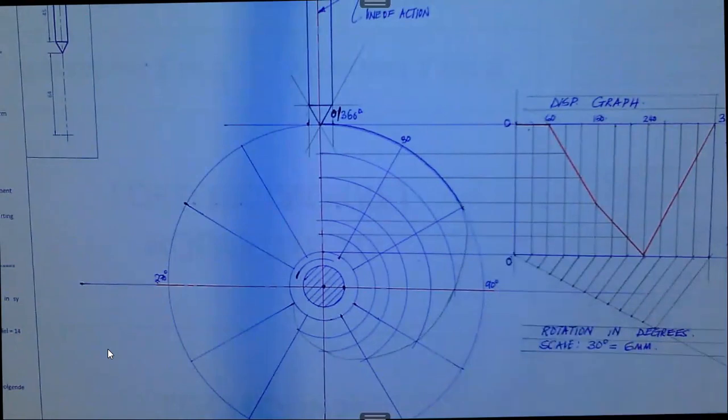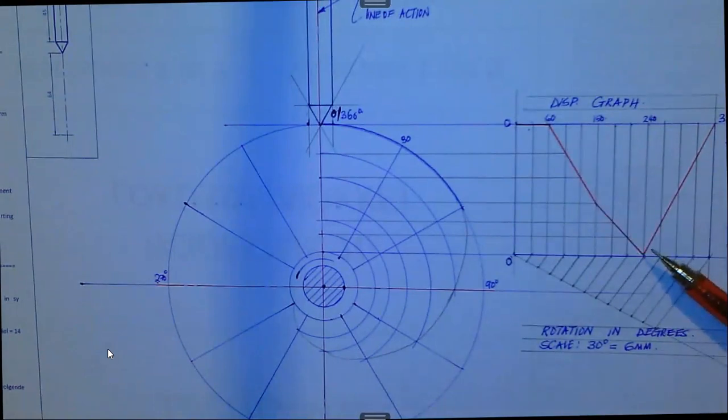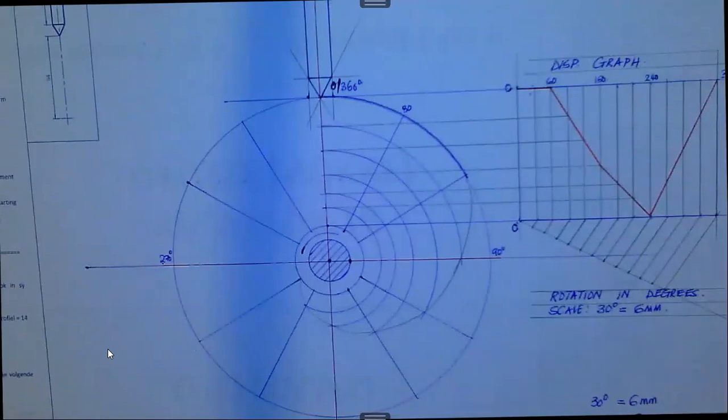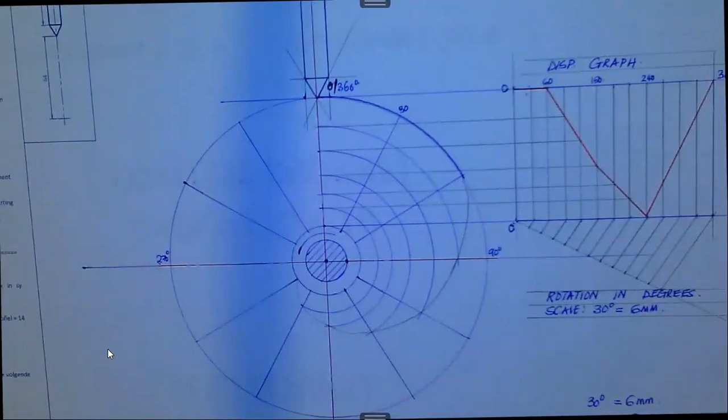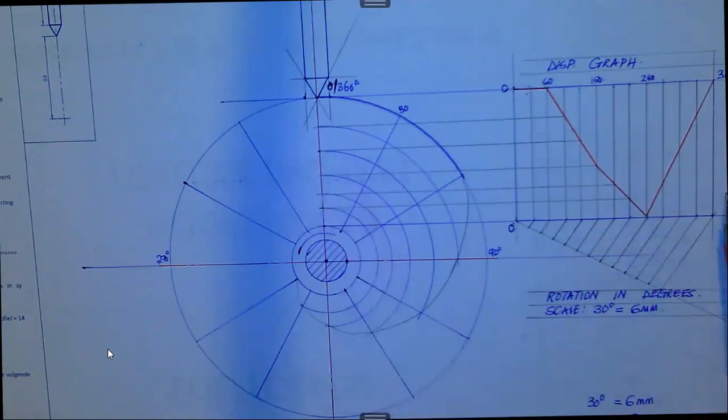So what is important with regards to cams? Make sure that you have got the displacement graph in position, and make sure you have used the right information. These are the guidelines that we talked about in our introductory parts, the locators that we talked about, and you project these to the line of action from the parts of the displacement graph.